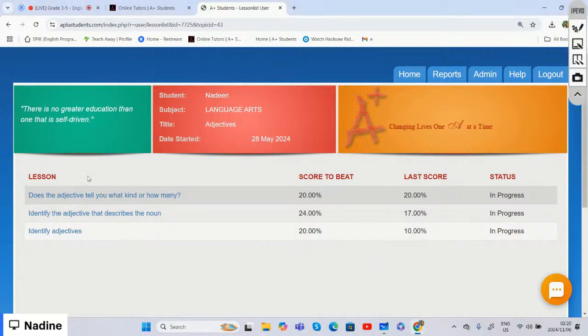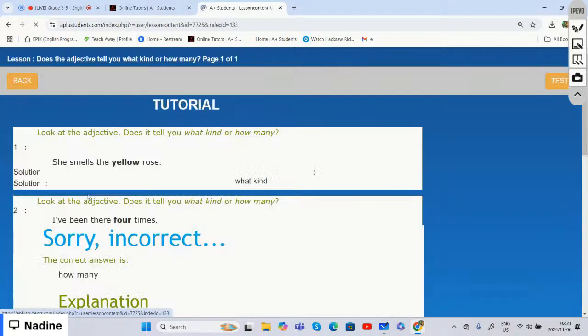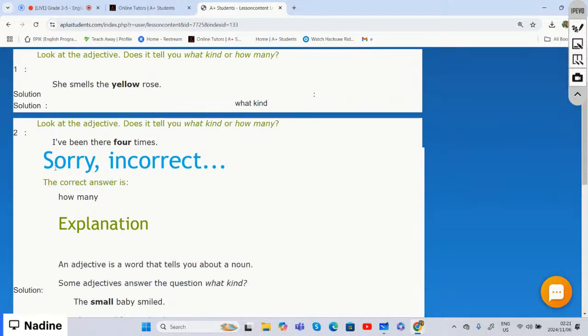And we're now going to say, does the adjective tell you what kind or does it tell you how many? So we need to say, does the adjective tell us what kind or how many?